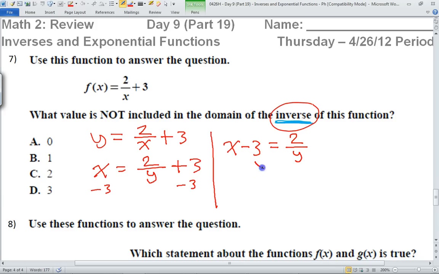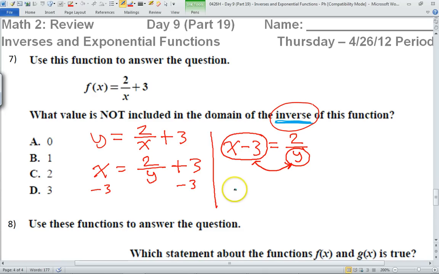I'm really hoping somebody said, yeah, we can reverse these. We can take the x minus 3 and we can take the y, and we're allowed to switch places, the denominator with whatever's out here by itself.